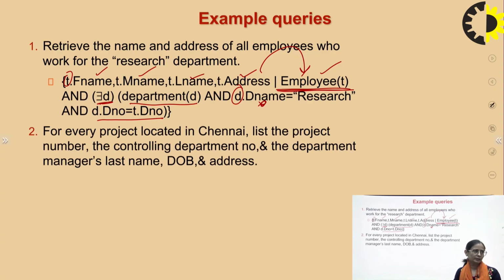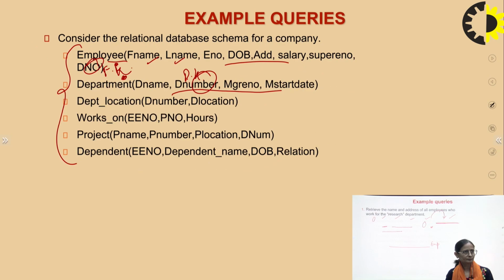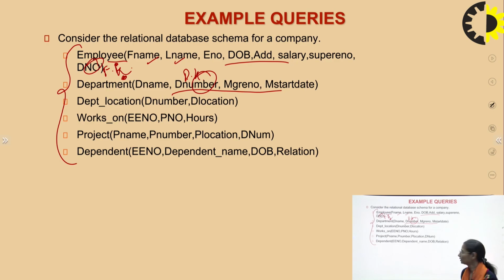Now the second query: for every project located in Chennai, list the project number, the controlling department number and the department manager's last name, date of birth and address. The manager's last name, date of birth and address are coming from the table employee. Then I need the project location, which is coming from the relation project.